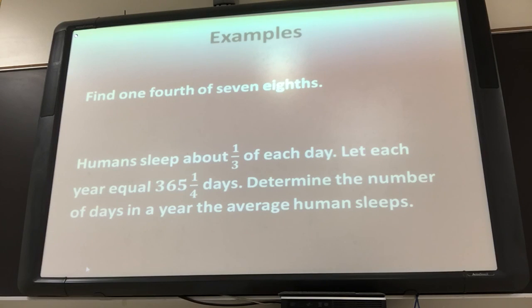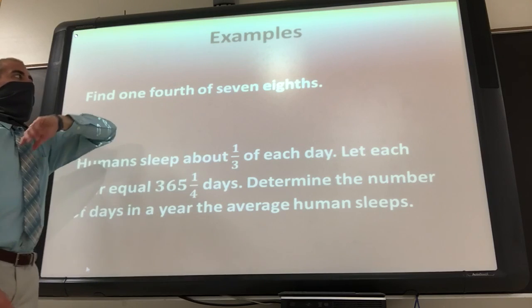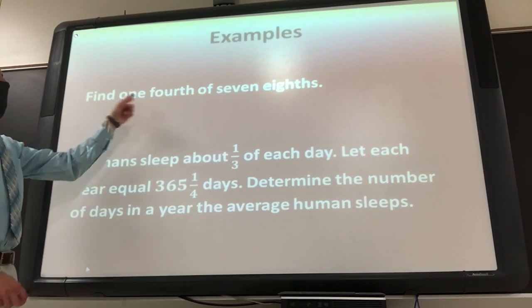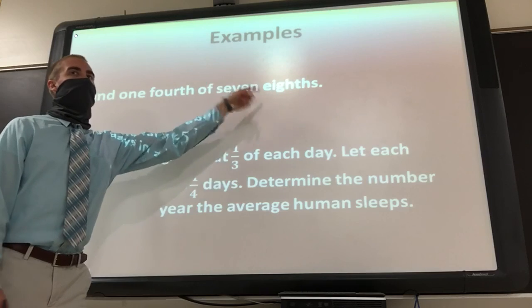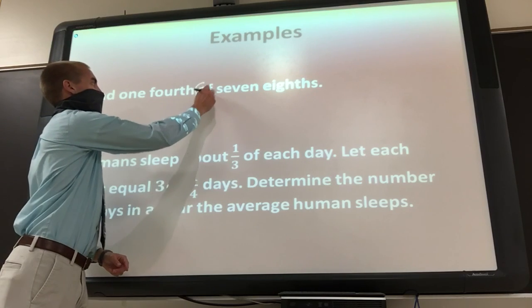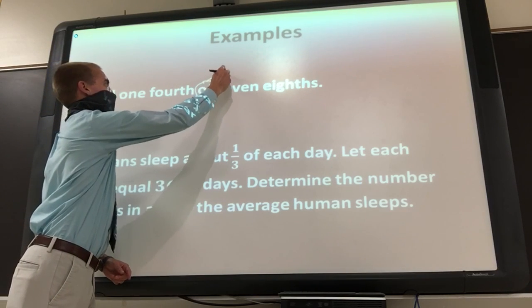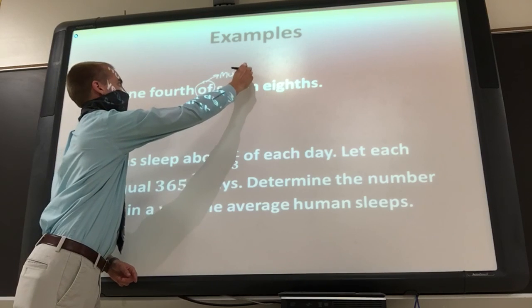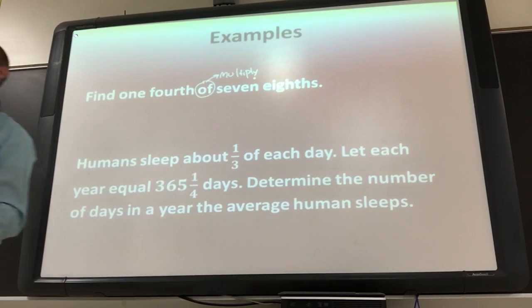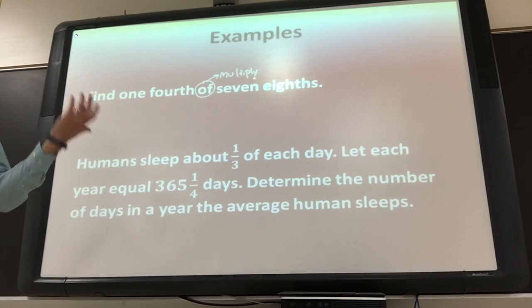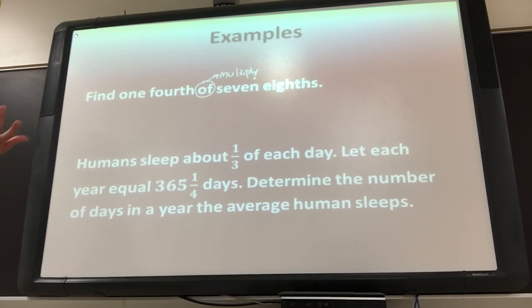Let's find 1/4 of 7/8. So anytime you see a question and it says find this of that, that word of means to multiply. So anytime, whether it's a question like this or whether it's a word problem and it says find a half of how many cups they drink or whatever, of means you multiply.